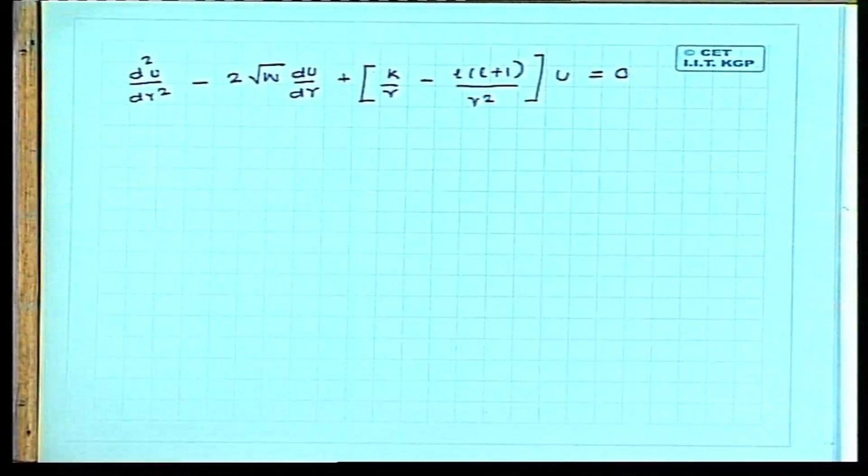Right. So this is the equation which we have to now solve.